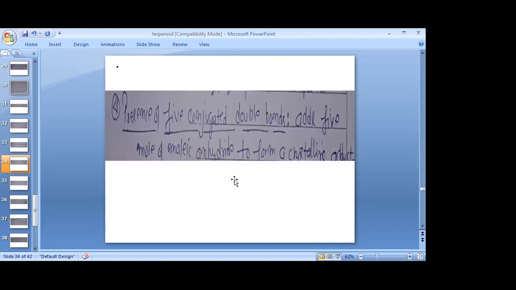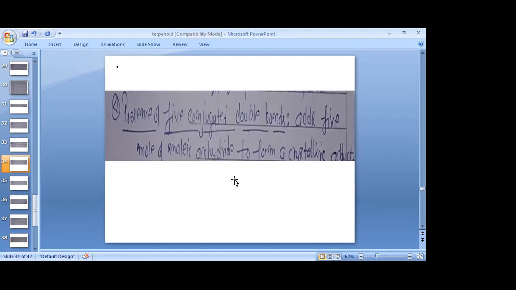We had already discussed the same type of reaction in abietic acid. Because abietic acid has one conjugated double bond system, it absorbs 1 mole of maleic anhydride. But in the case of beta carotene, it absorbs 5 moles of maleic anhydride.